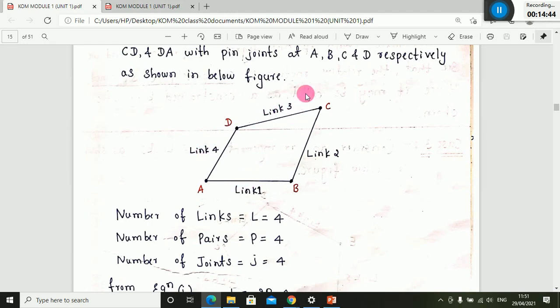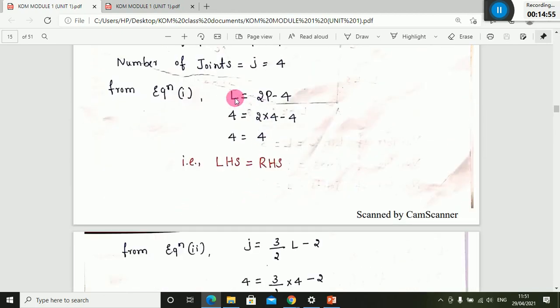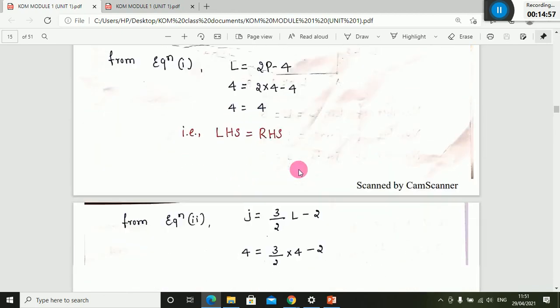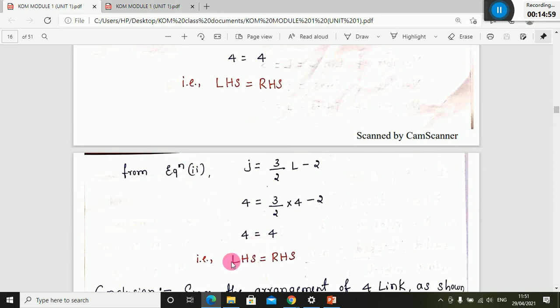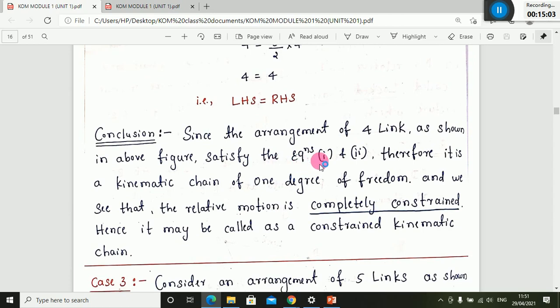Total 4 pairs. And joints: A, B, C, D are the joints. Between 2 links, this pin joint is known as a joint. So after substituting the values in this equation, you'll get LHS is equal to RHS. The second equation also gives the same. So I can conclude that the given figure is a kinematic chain.